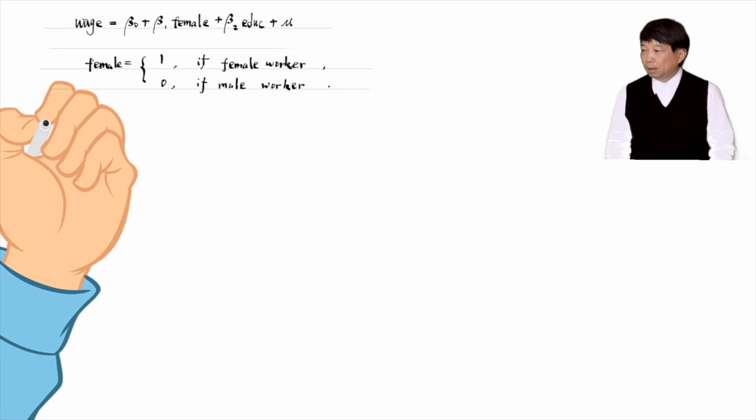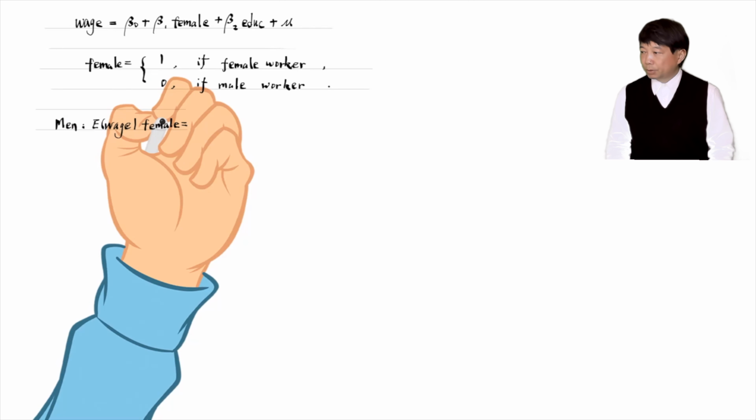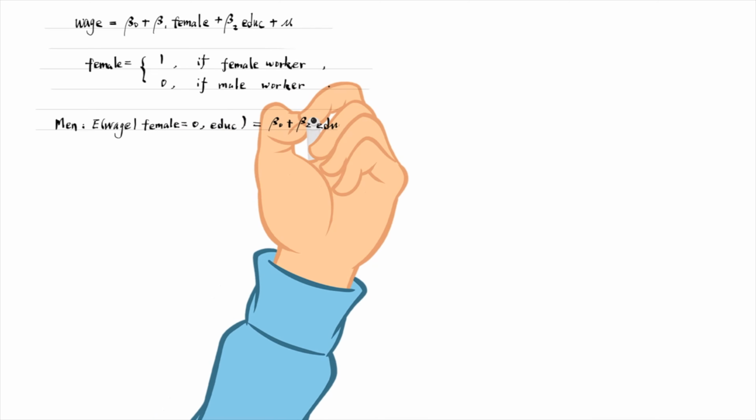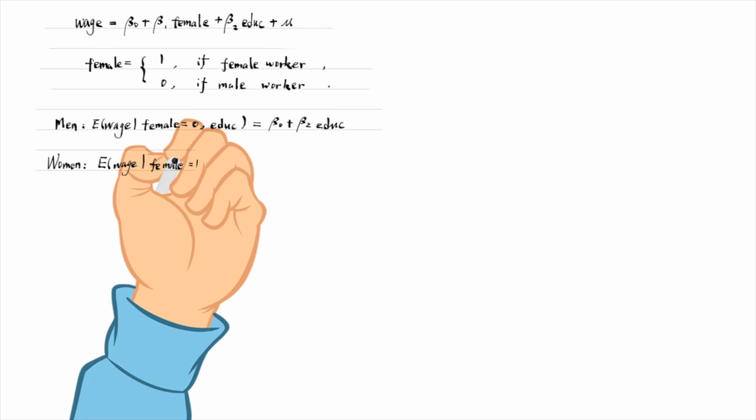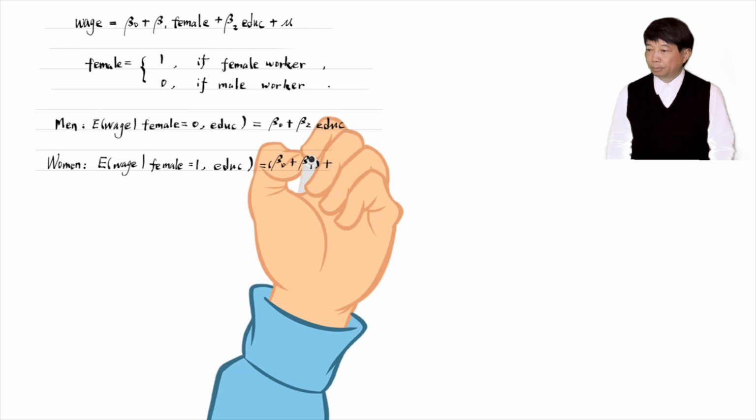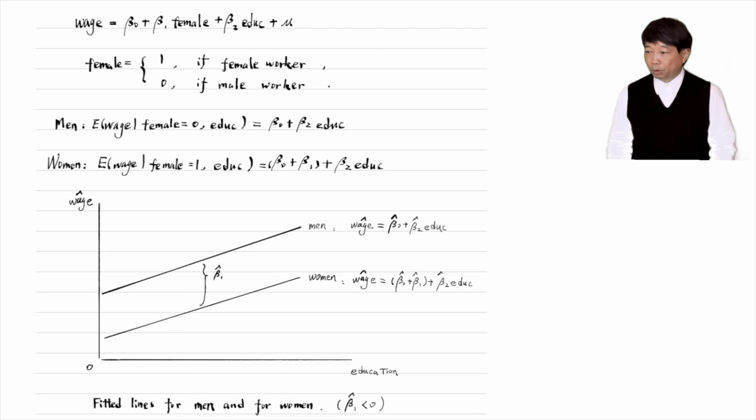We can write down equations for male workers and female workers. Then we draw the fitting lines for them. The coefficient of the dummy variable female, beta 1, is the intercept shift from male workers to female workers.